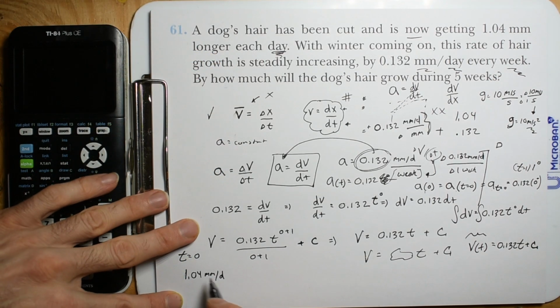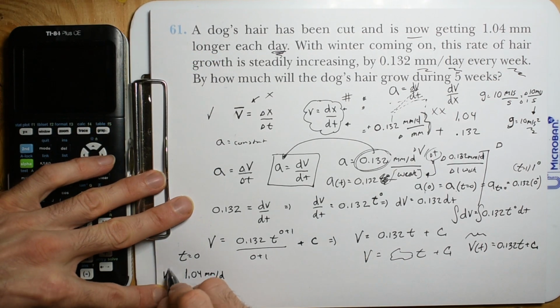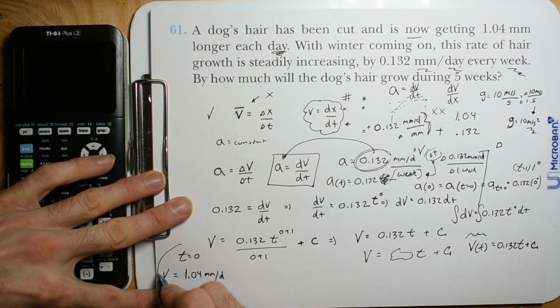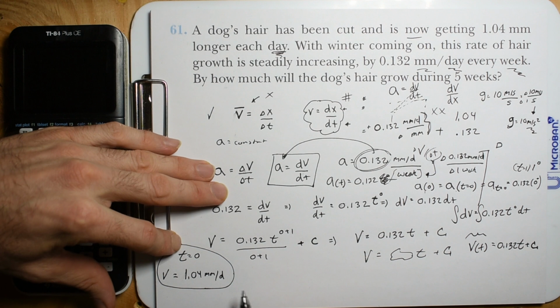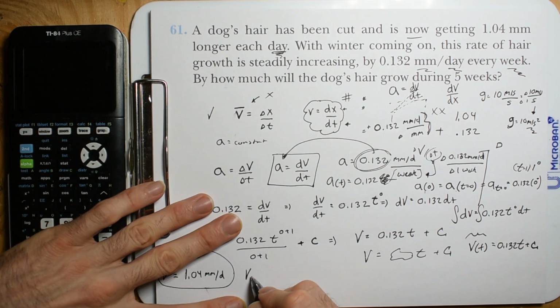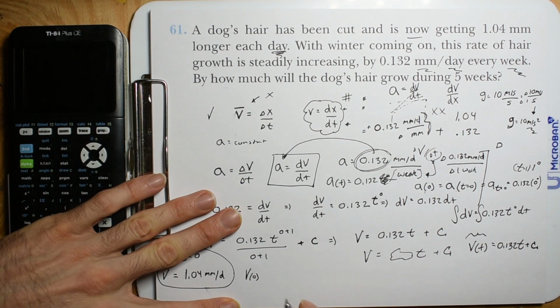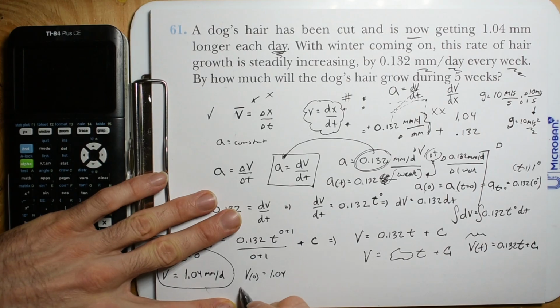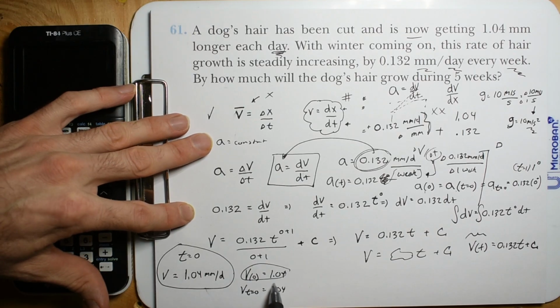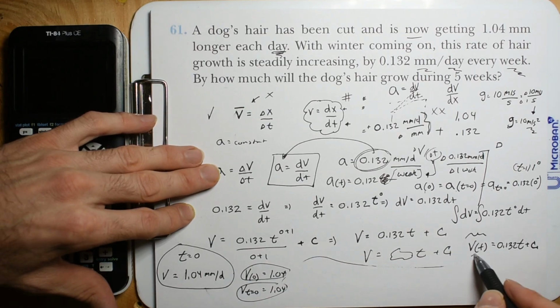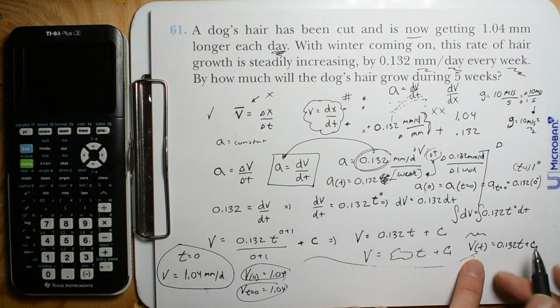So here are the two pieces of information we know. We know the velocity at time 0. So this is our initial condition. You could even say velocity at time 0 is 1.04. You could say velocity at t equal to 0 is 1.04. It spells it out that you go back to this equation, where if you write it like this, it's very helpful.